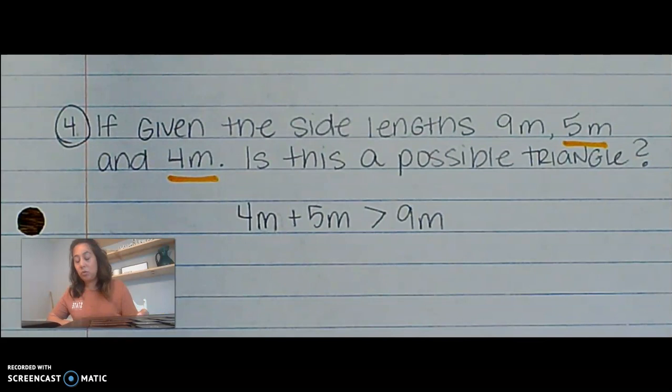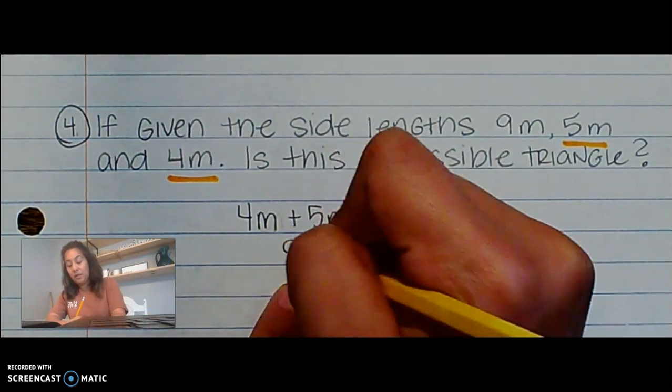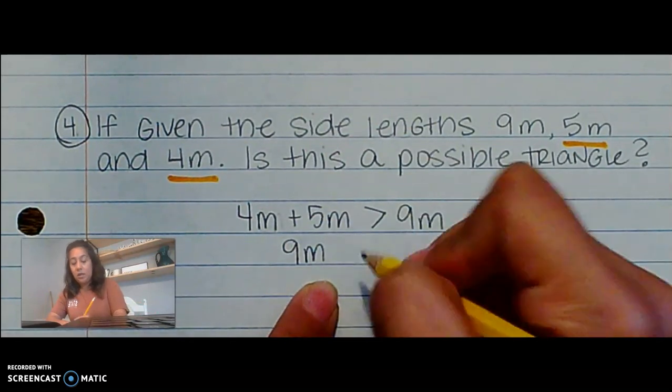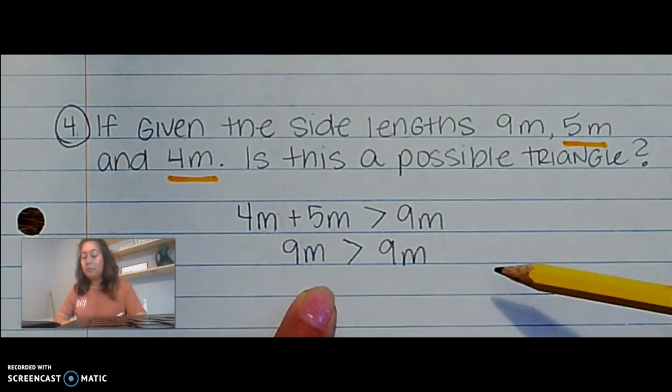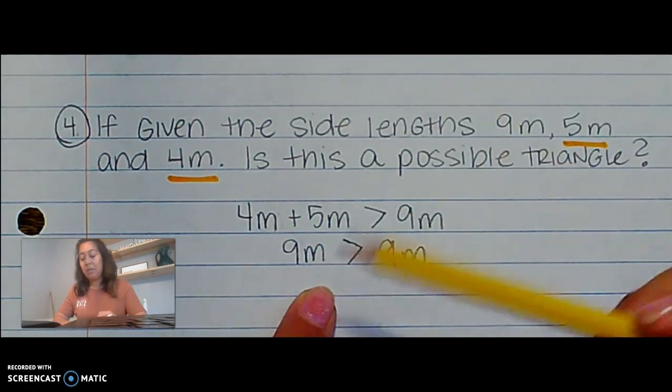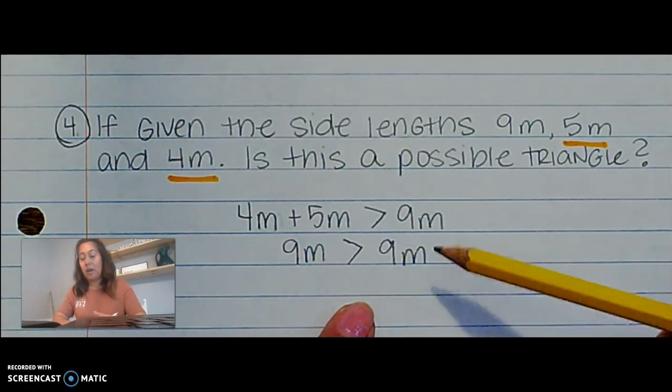Okay, so then we're just going to add the two short sides. 4 plus 5 is 9. And again, they're both meters, is greater than 9 meters. So again, when we read this statement, this says 9 meters is greater than 9 meters. Is this statement true? Okay. Hopefully you said no, this is not true. Again, 9 is not greater than 9.